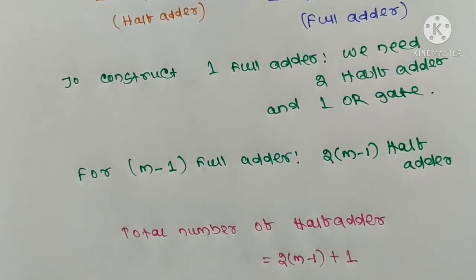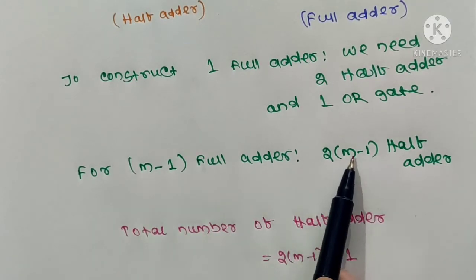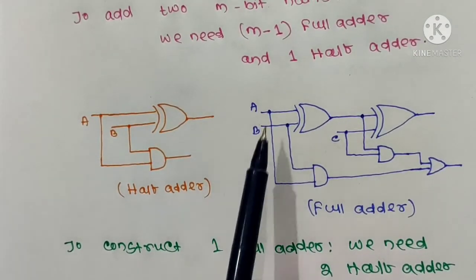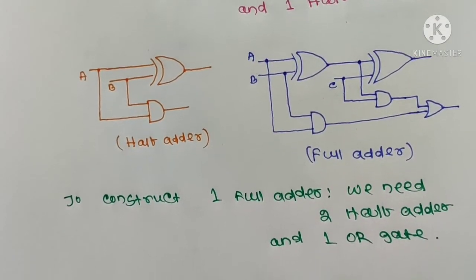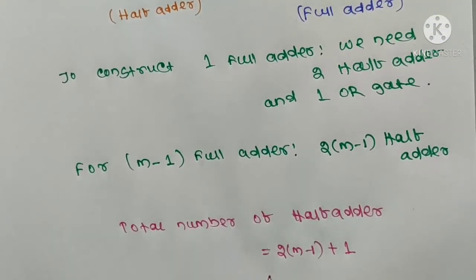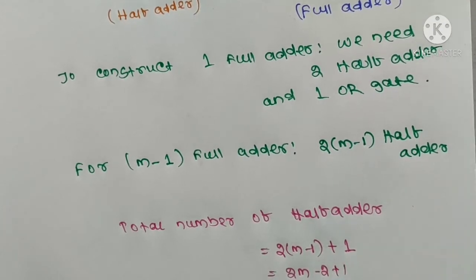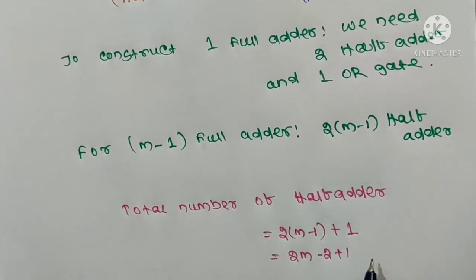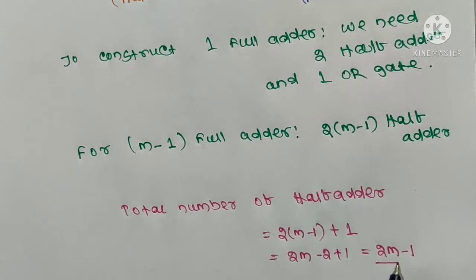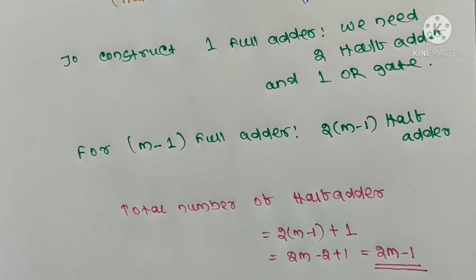For m minus 1 full adders we need 2 times m minus 1 half adders, and initially there was 1 half adder, so total 2 times m minus 1 plus 1, that is 2m minus 2 plus 1, which equals 2m minus 1 half adders. So to add two m-bit numbers, we need 2m minus 1 half adders. So your correct option is option A.